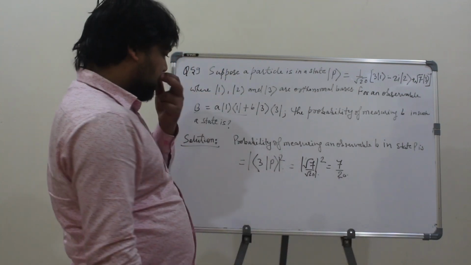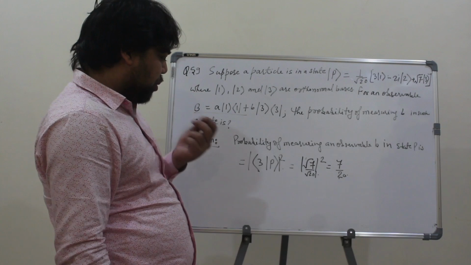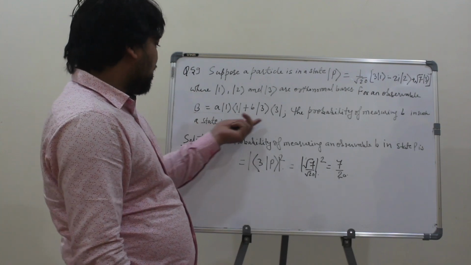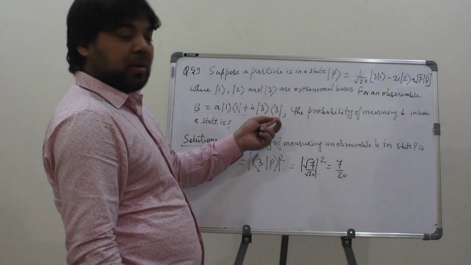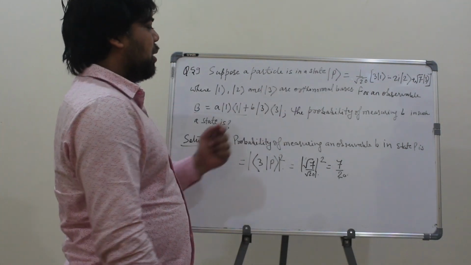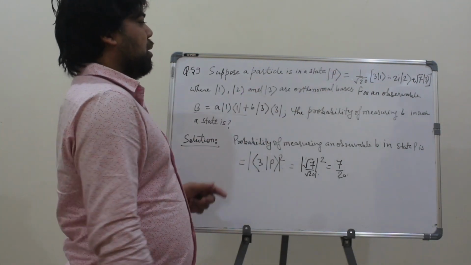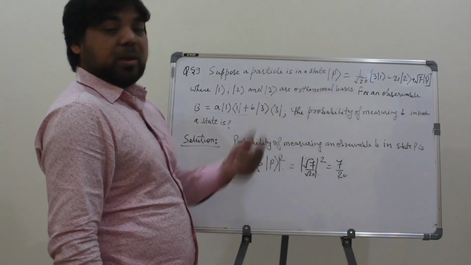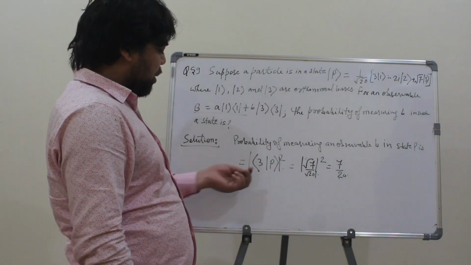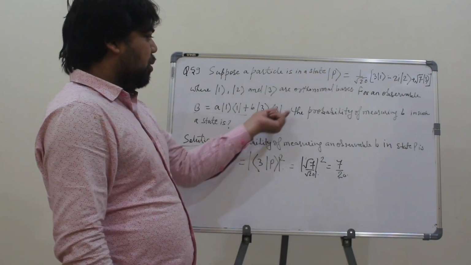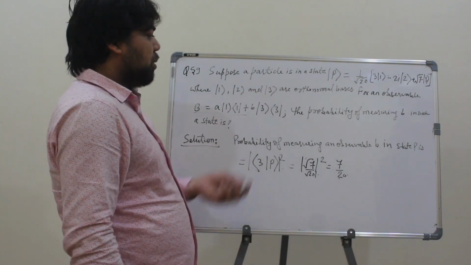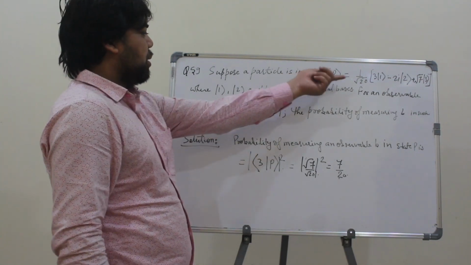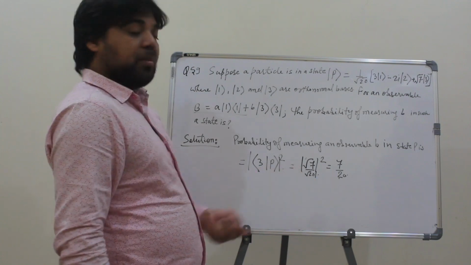This is a simple problem, but a very important, significant problem. You always need to understand which state the observable belongs to, and then correspondingly you can calculate the probability in that particular state, by taking the inner product of the state with the state the observable belongs to, and just squaring it.